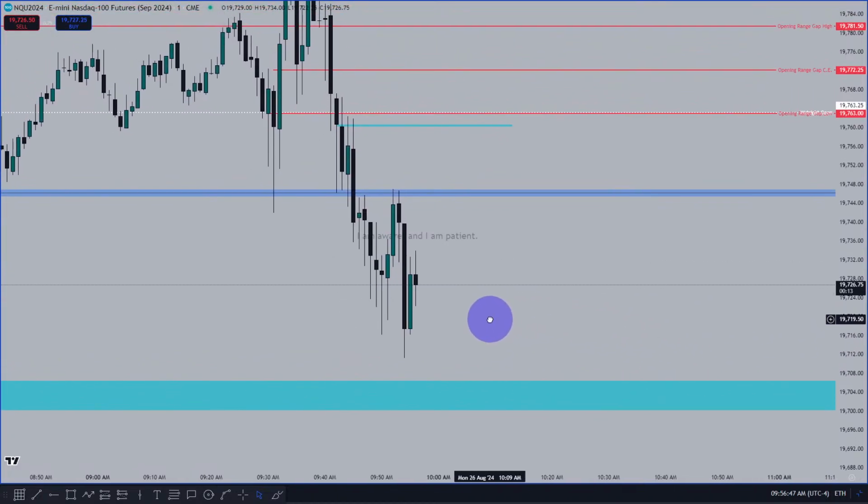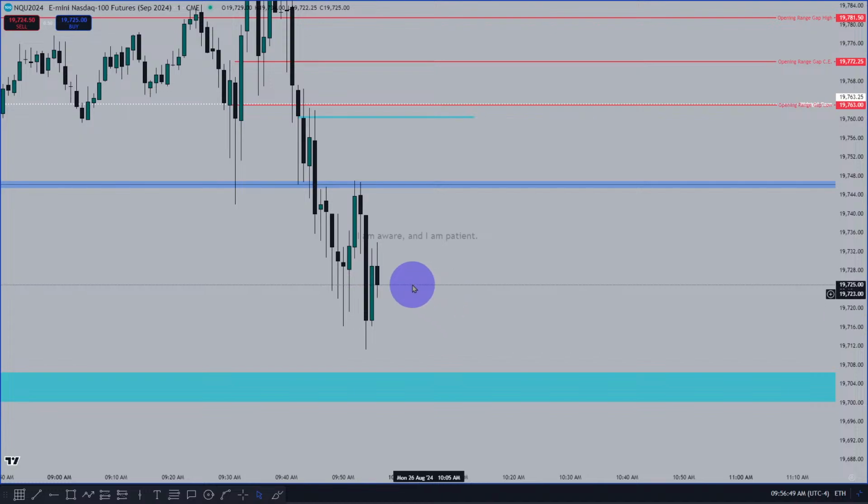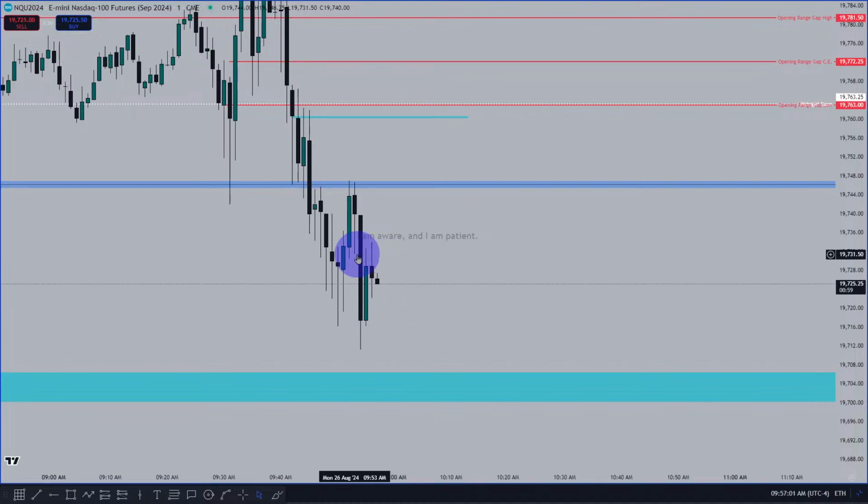So what could be looking to form is maybe a CISD on this candle here. See if we just traded back into this range in here, and yeah, that could be a scenario where we try to head lower into that gap highlighted here.